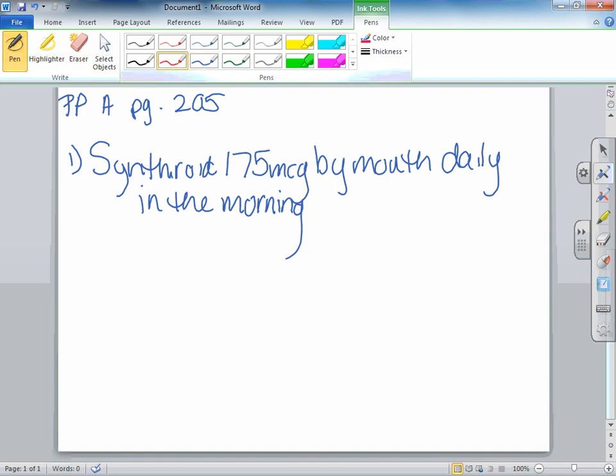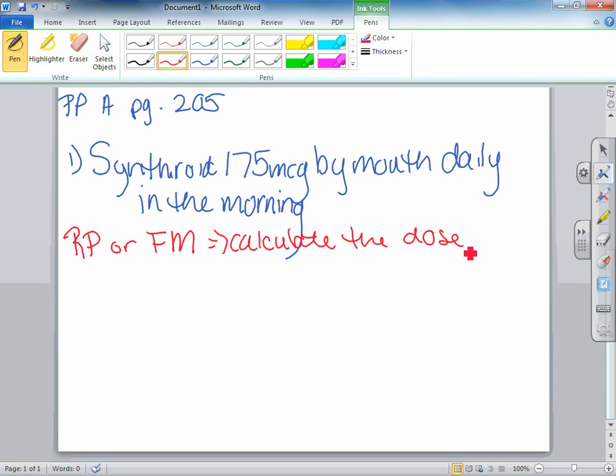All right. The next one, it says, what dose to be given? Well, when it's asking you dose to be given, you're calculating the dose. You're either going to use the ratio proportion method or formula method to calculate the dose. I'm going to do both, all right? The ratio proportion method, I'm going to take what I have in stock. If you look at the label, it says 175 micrograms, and it's what?